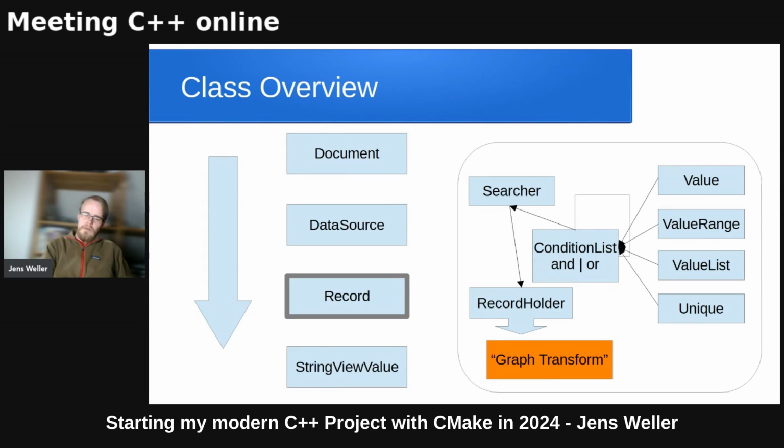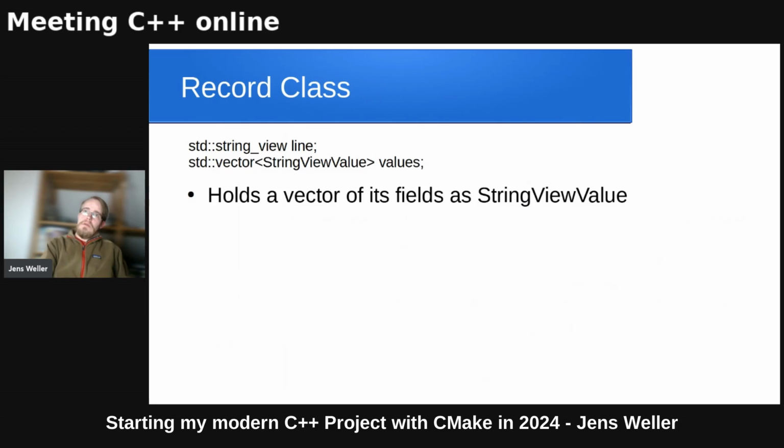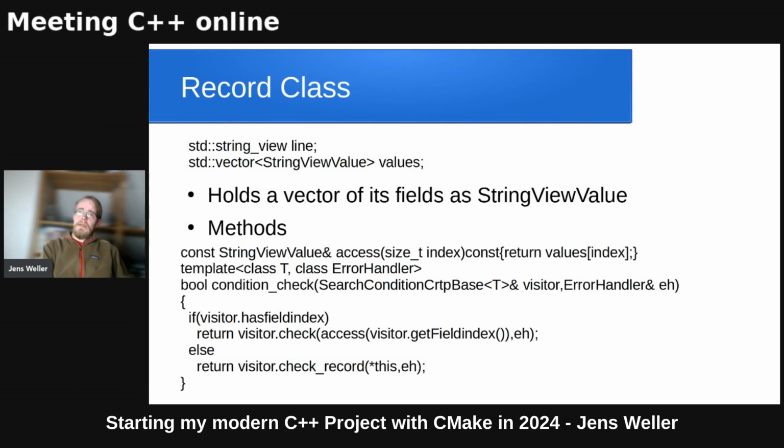This brings me to the record class. It's basically a vector of string view values, and I have a string view for the line here, which I'm currently not using, but if I ever need it, it's there. I have two main methods here. One is for accessing a record of the string view value, and then there's a condition check which gets a CRTP base class for conditions, and the error handler.